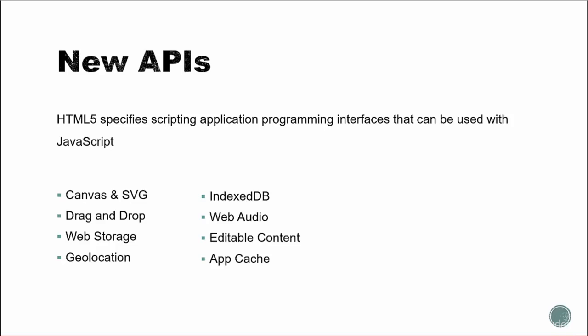We also have Web Audio, which provides a powerful and versatile system for controlling audio. Editable content allows us to take virtually any element and make it editable. And then we have App Cache or Application Cache, which makes it easy to make an offline version of a web application or a website. Alright, so we're going to get into all of these in this section.